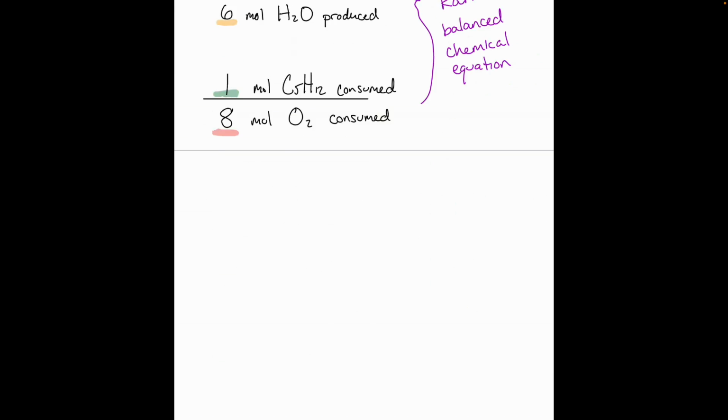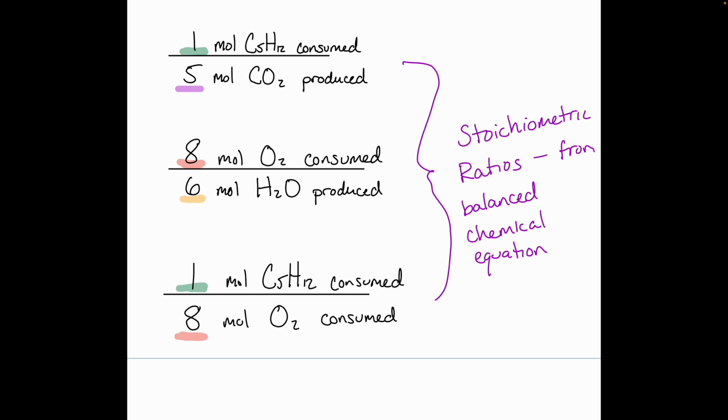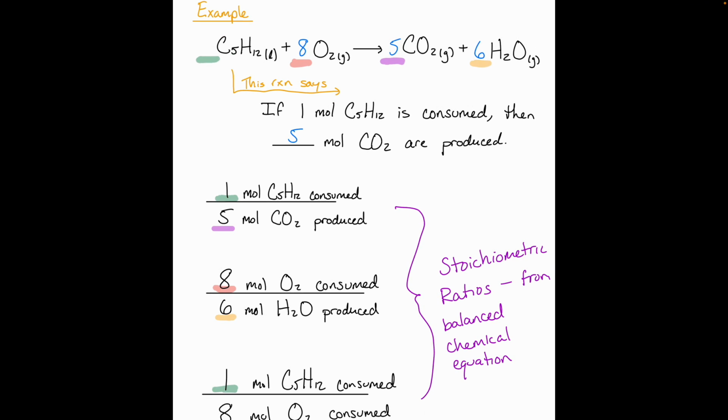All right, cool. So chemists are lazy, like all scientists. How did I know that my oxygen and my C5H12 were consumed? Because they were on the reactant side. How did I know that water and CO2 were produced? They were on the product side.